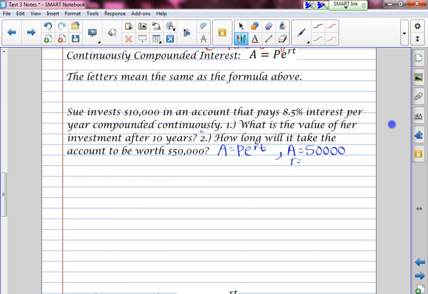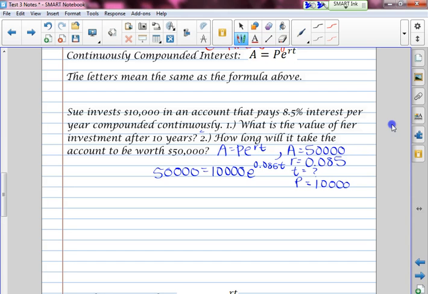I know R is still 0.085. I don't know T. And I know P is 10,000. And I plug everything in. A is 50,000, P is 10,000, E to the RT, so 0.085 T.